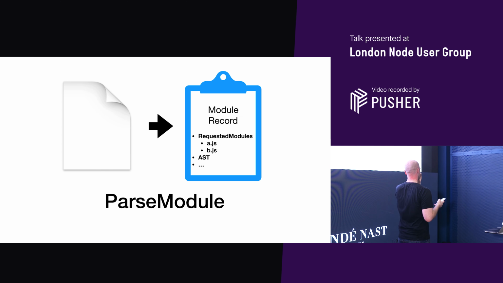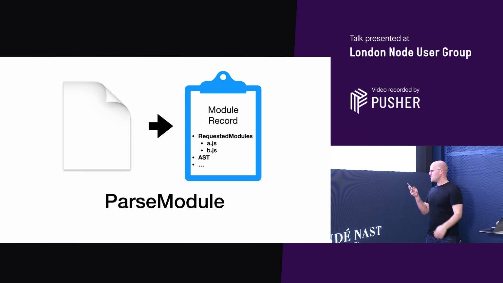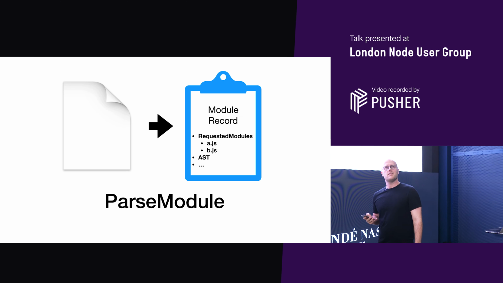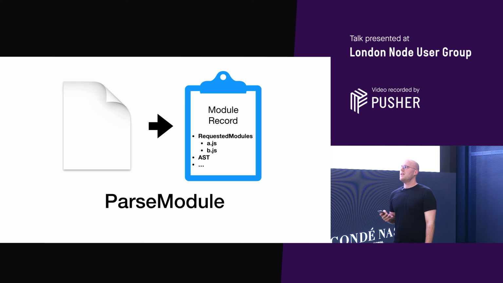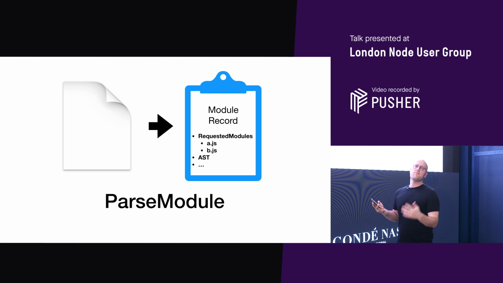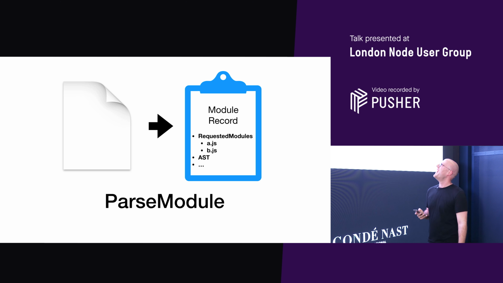And the HTML standard means that the browser can go fetch all the modules it needs. It's all great. A little bit harder on Node. There's no nice way to tell the difference between an ES module and a CommonJS module.